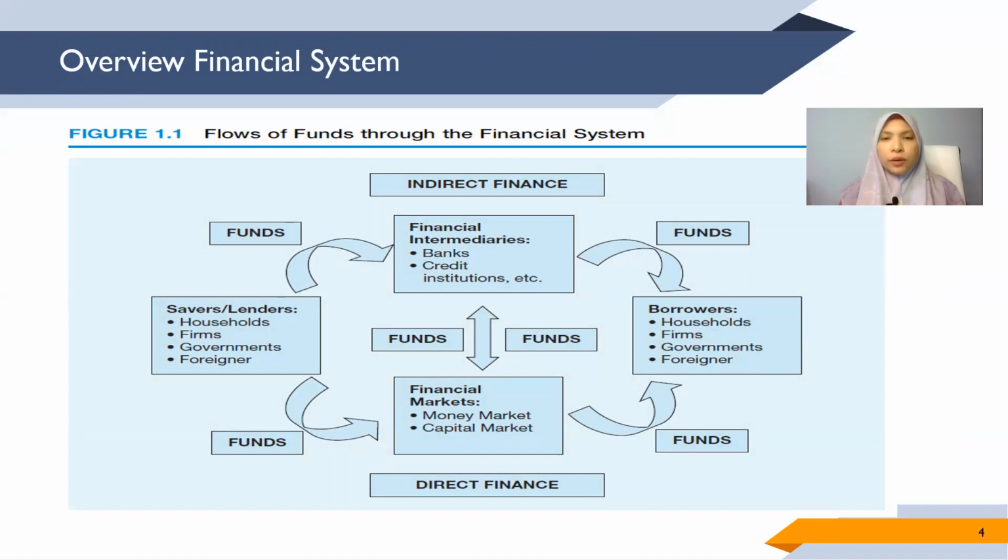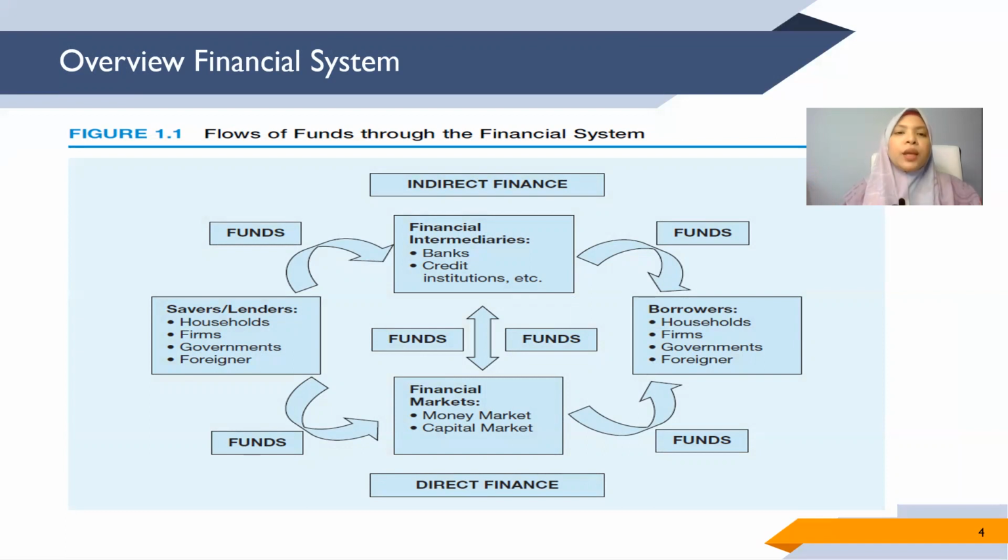So how will the fund flow? Firstly, we look at the savers or the lenders or the surplus units. The fund will go into the indirect finance, which is the financial intermediaries, the bank and also credit institutions, toward the borrowers, because the household, firm, government, and foreigner on the right side need the funding. They will go to the bank to make a loan.